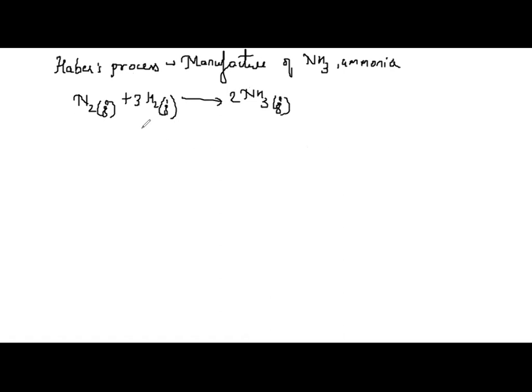If you look at this balanced reaction, 1 mole of nitrogen gas reacts with 3 moles of hydrogen to form 2 moles of ammonia, right? So they have asked the number of moles of hydrogen molecules required. 3 moles of hydrogen are required to produce 2 moles of ammonia.